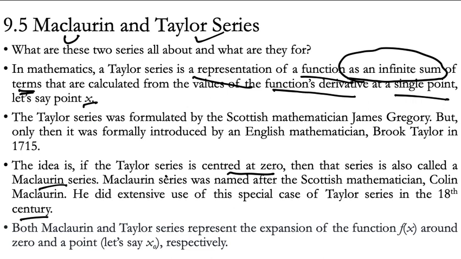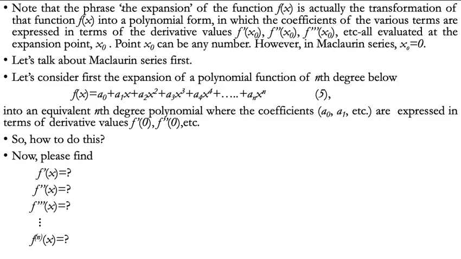Now, when we talk about the expansion of any kind of function f(x), it is actually the transformation of the function f(x) into polynomial form, in which the coefficients of the various terms are expressed in terms of the derivative values.